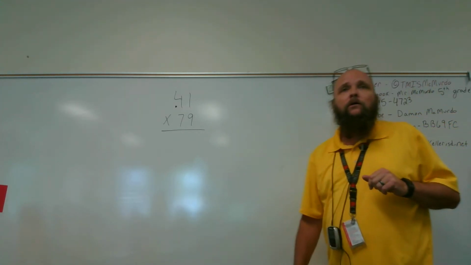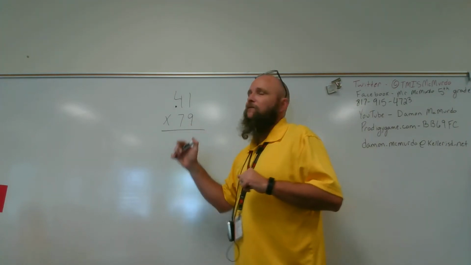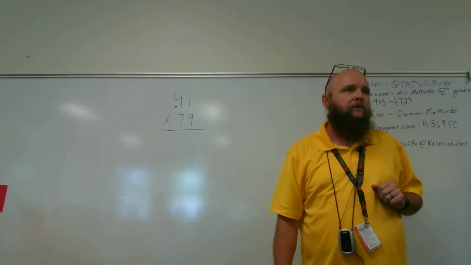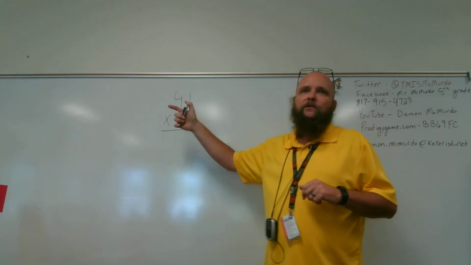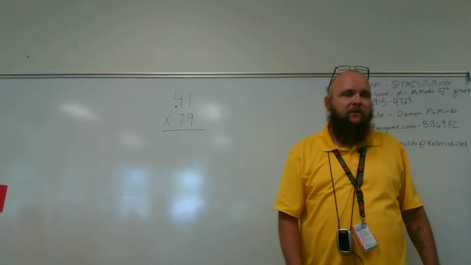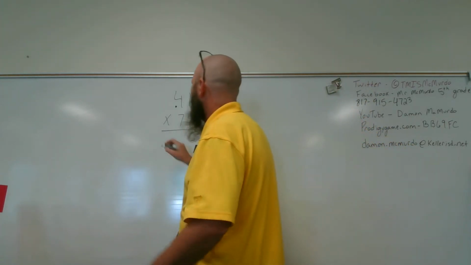So now we're going to do my estimating. I'm multiplying 79 by a number less than 1. In fact, 41 hundredths is less than a half. So my answer is going to be less than a half of 79.